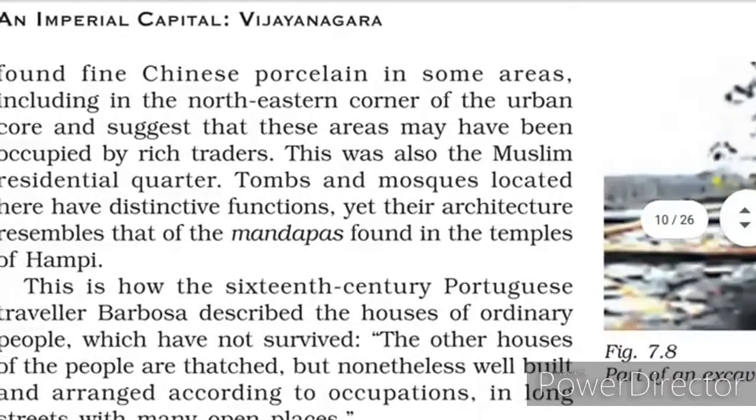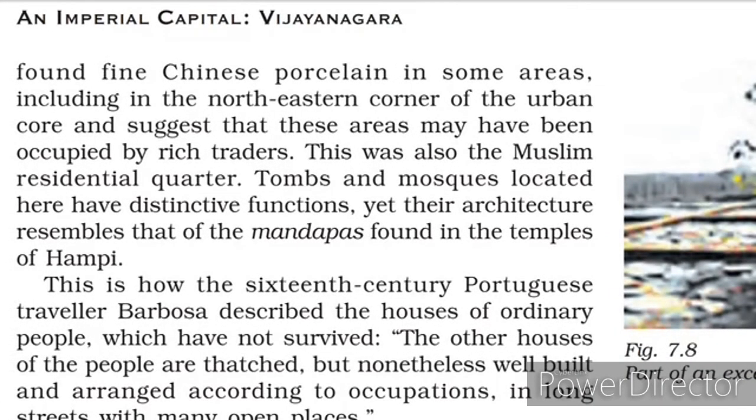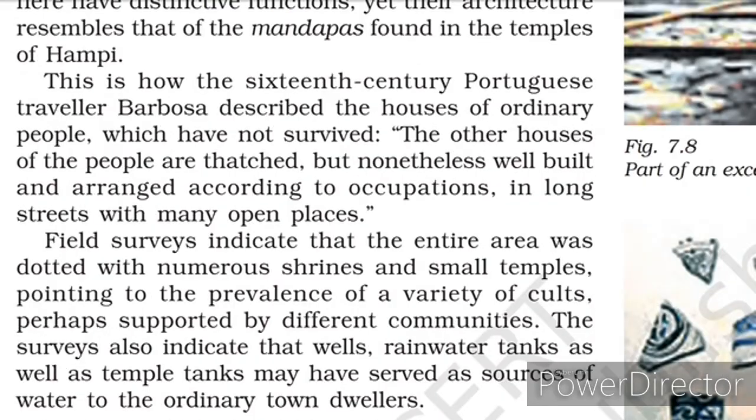From the evidence found, we can make out that this area was captured by the rich traders. Tombs and mosques located there had very distinctive functions. The architectural features resembled the mandapas found in the temples of Hampi.